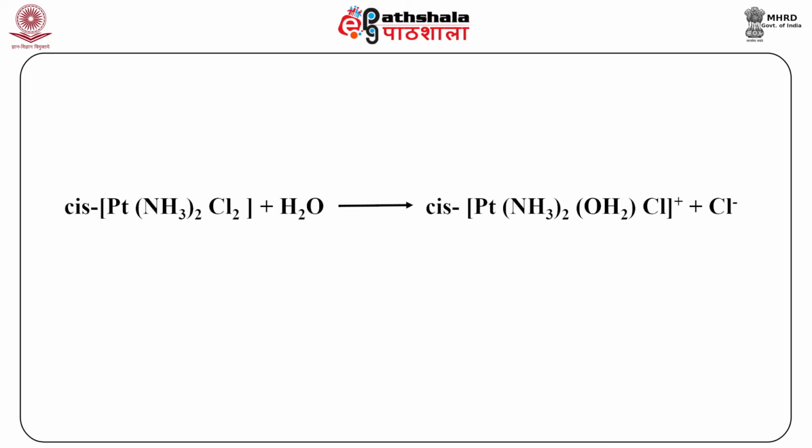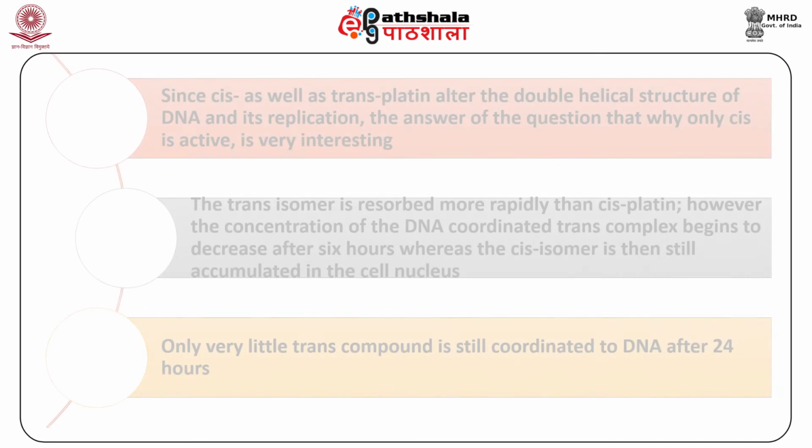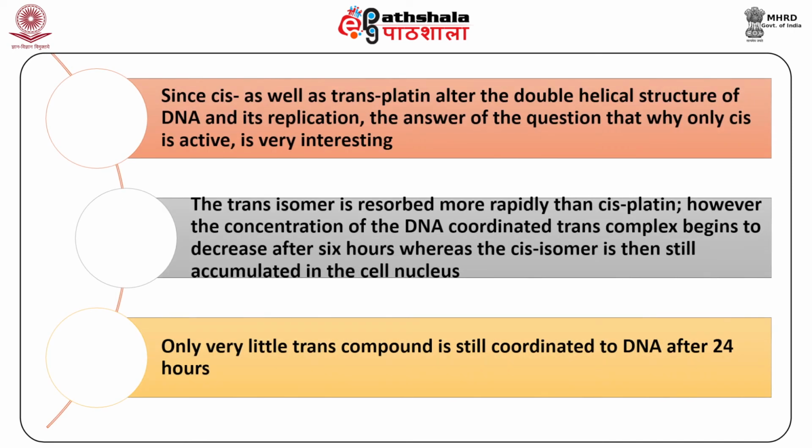The hydrolysis reactions of cisplatin are an important aspect of biological activity. The reaction is shown as follows. Since cis as well as trans-platin alter the double helical structure of DNA and its replication, the answer to the question of why only cis is active is very interesting.